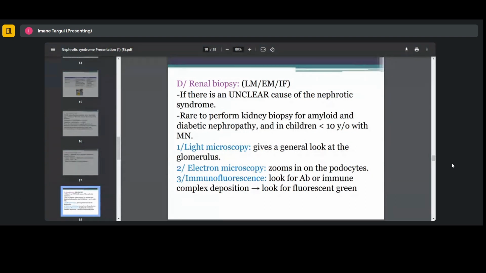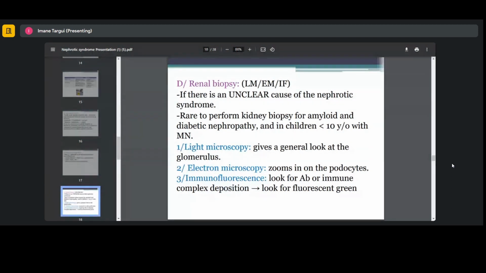It is rare to perform kidney biopsy for amyloid and diabetic nephropathy and in children, because we already know their cause, so we just treat the cause and that's it. When we do the biopsy, it is the end stage, when we don't know the cause. Renal biopsy is contraindicated in pediatrics, in children under 10 years.